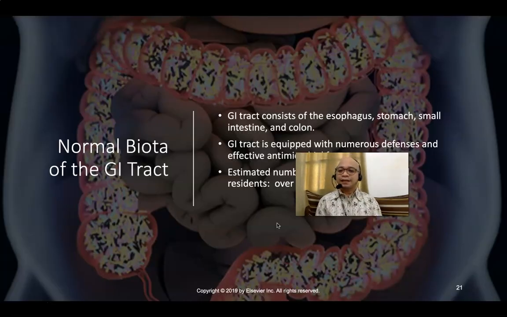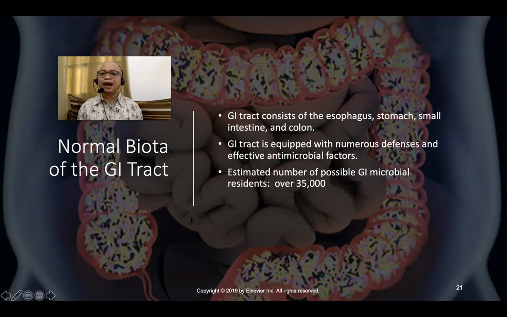Okay. So let's talk about the normal biota of the gastrointestinal tract. So our gastrointestinal tract consists of the esophagus, stomach, small intestine, and colon or the large intestine. Our gastrointestinal tract is equipped with numerous defenses. Yes, because found in our gastrointestinal tract are several lymphoid organs such as the Peyer's patches.